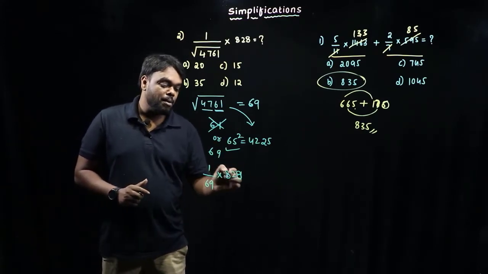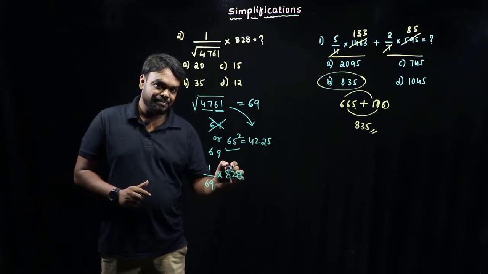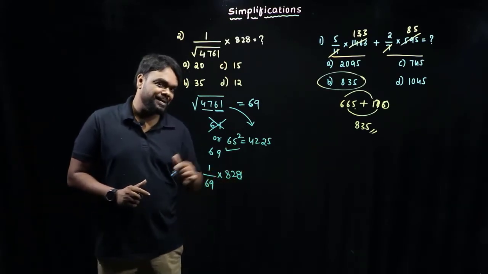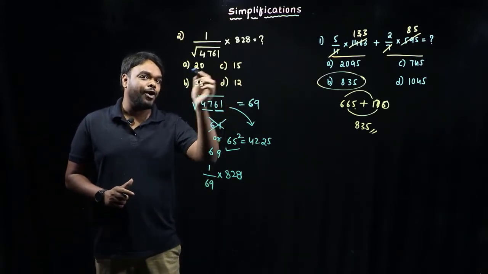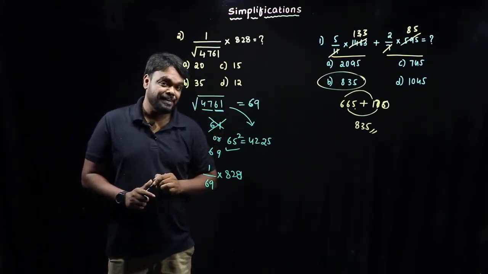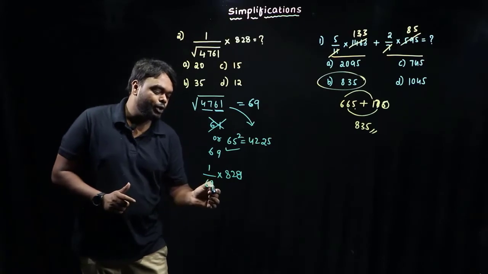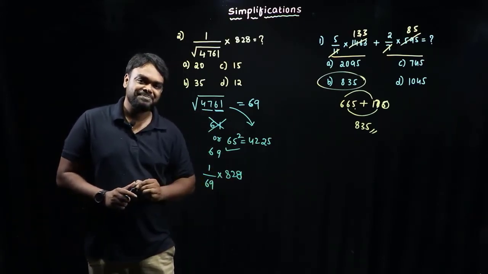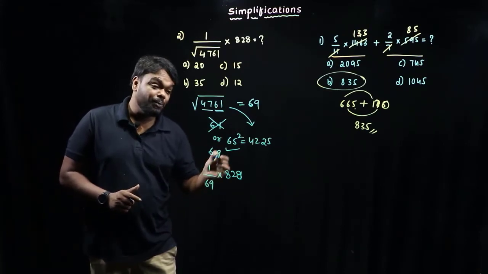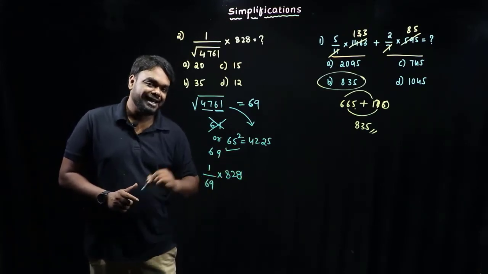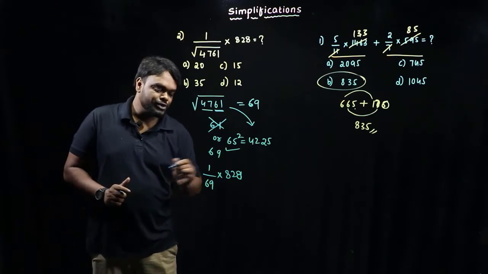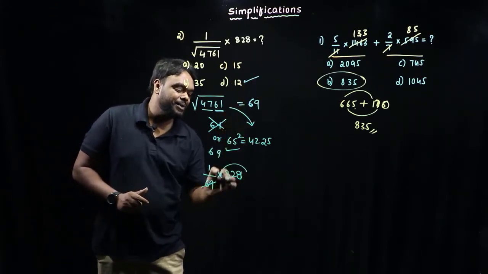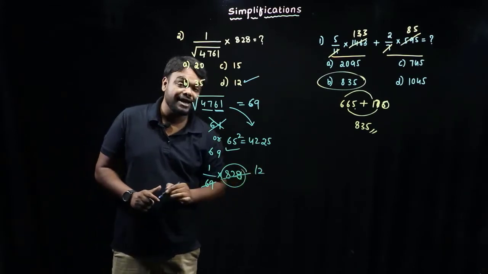Now 828 is more than 690, means our answer should be 69 into more than 10. If you look at the options, all of them are more than 10. But think about it, 9 into which number should give you 8? 9 into 2. So 69 into 12 should give us exactly 828.